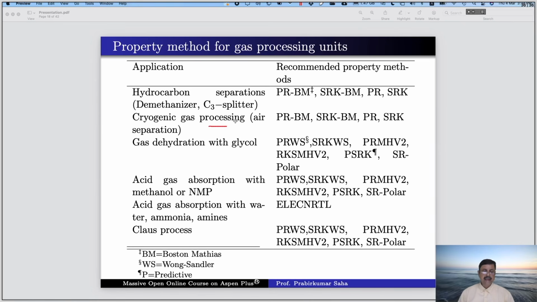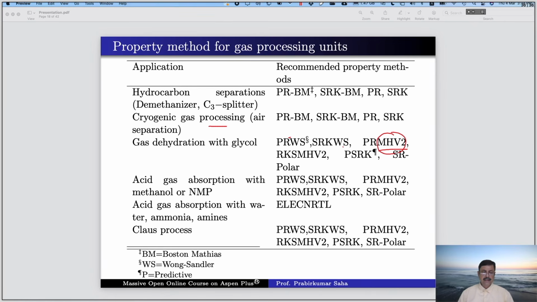If you have gas dehydration with glycol application, then you can use Peng-Robinson-Wong-Sandler method or Redlich-Kwong Wong-Sandler method. You can also use Peng-Robinson MHV2, where MHV2 property package is used along with Peng-Robinson method.